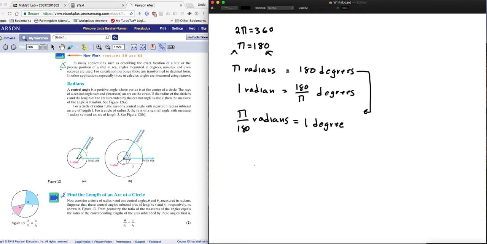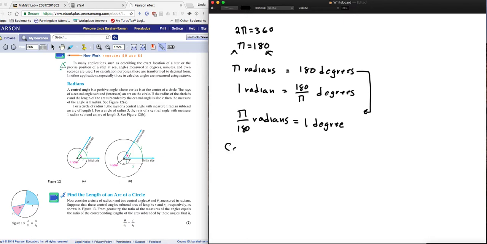And this is how we convert back and forth. To convert from degrees to radians, I'm going to multiply by pi over 180. To convert from radians to degrees, I'm going to multiply by 180 over pi.